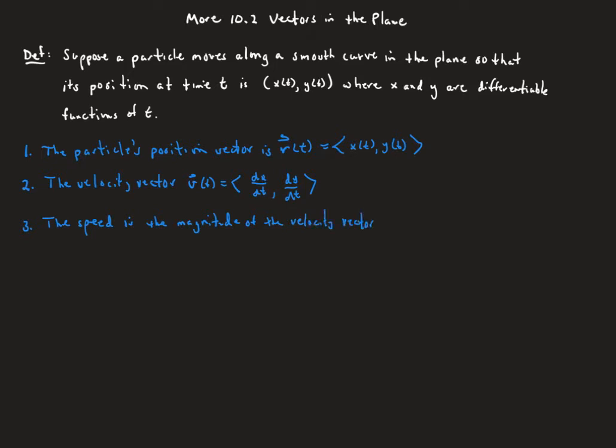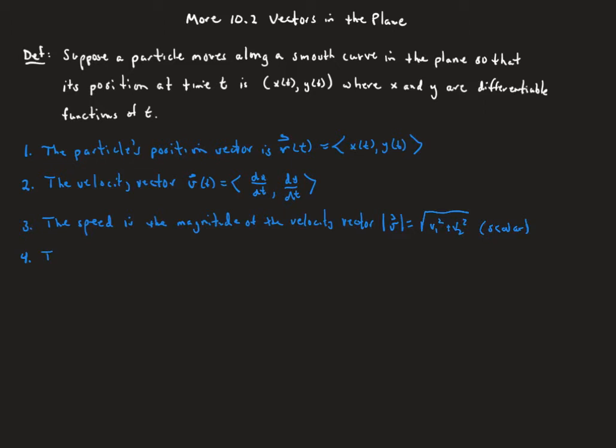So we write that symbolically as absolute value of the velocity vector. And remember, that's going to be the square root of v1 squared plus v2 squared. So as we saw before, this is a scalar. So a speed is going to be a number, whereas velocity is going to be a vector.